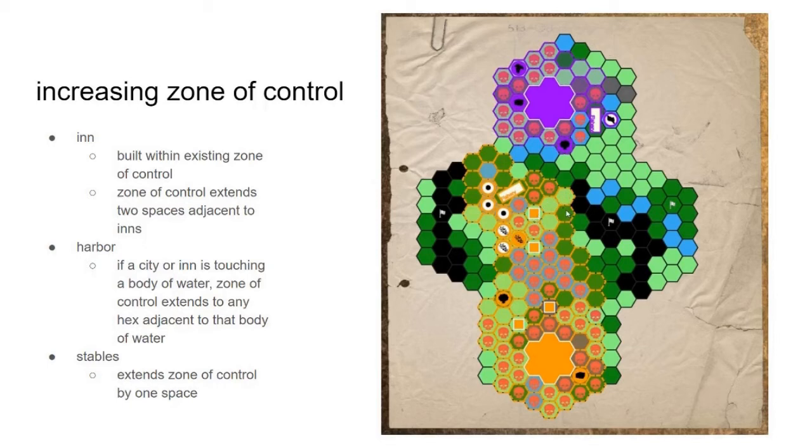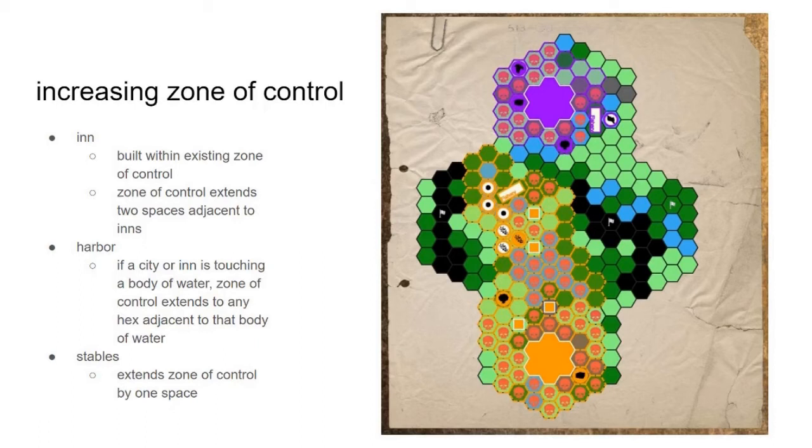This space is within 2 spaces of this inn. This space over here, 1, 2. That's a weird example because of the C. We'll talk about that. This space, within 2 of this. This space, within 2 of this. Those are inns. So you can use inns to kind of chain out and to increase your zone of control.